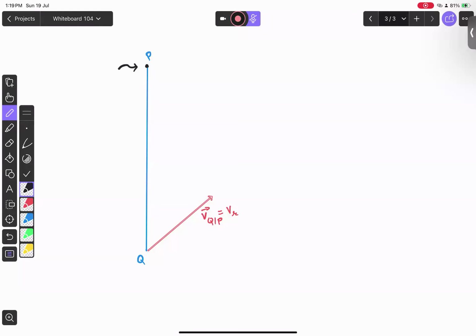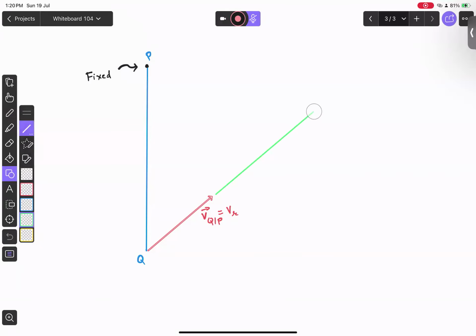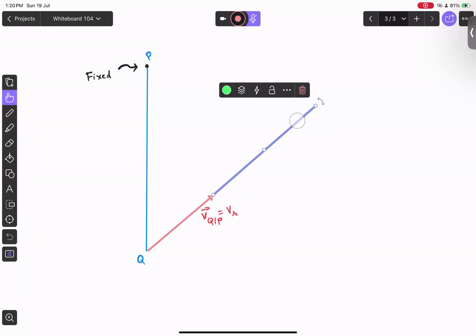But once I sit and observe from P, the thought process goes like this: P is considered not moving, fixed, and only Q is going to move, and Q is supposed to be moving along this straight line. So Q is seen moving along this green straight line.